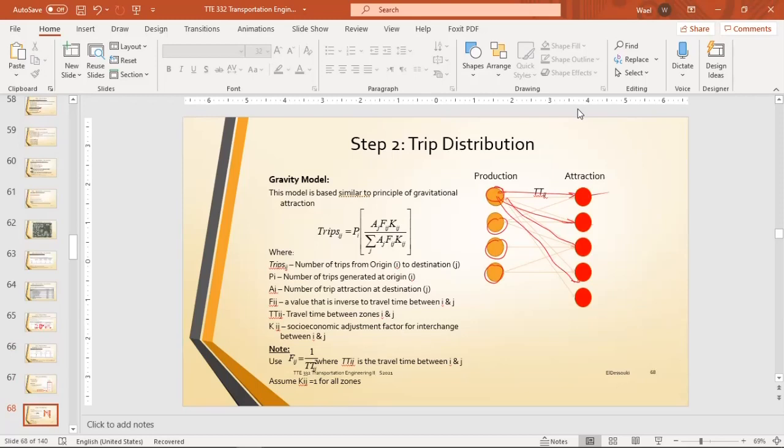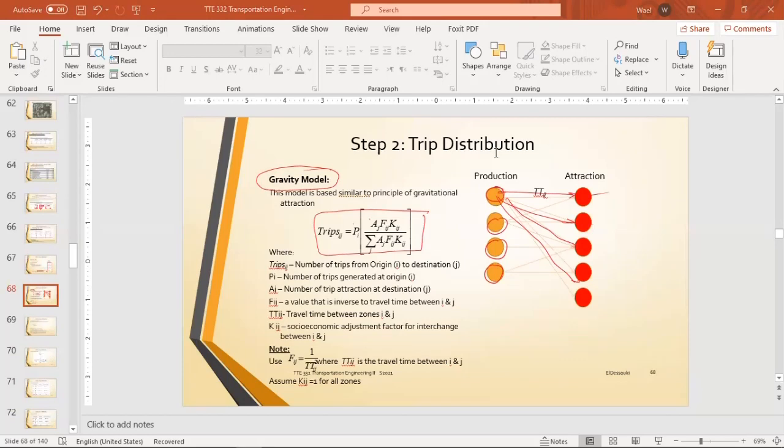The basic model we shall use for this is called the gravity model. The gravity model mimics the gravitational attraction concept.